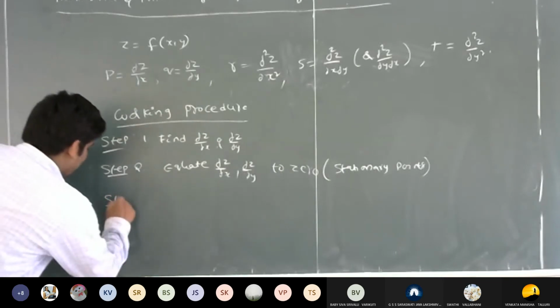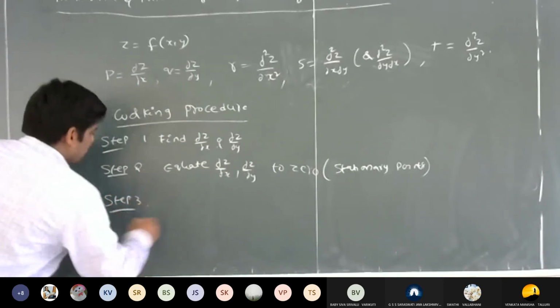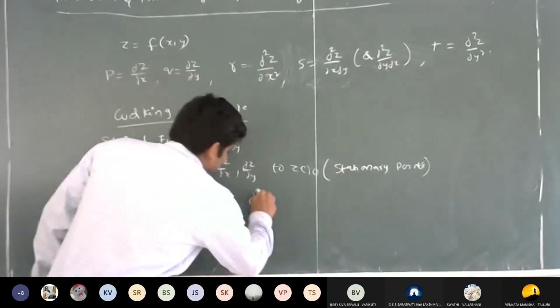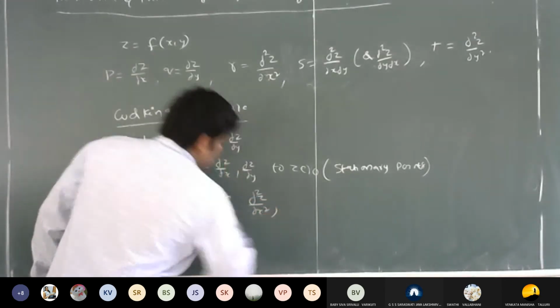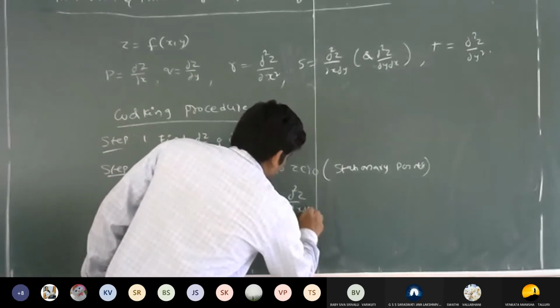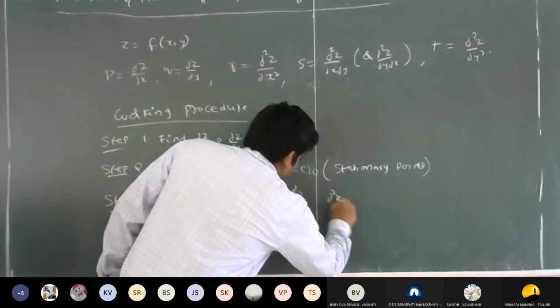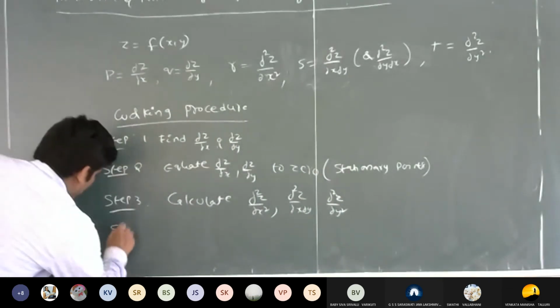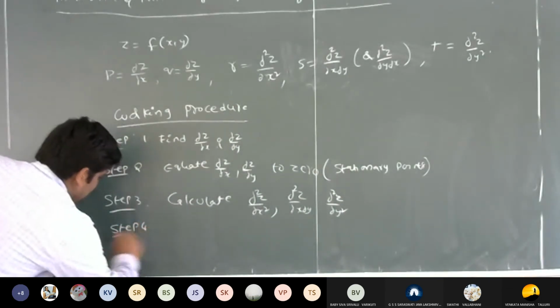Next, what is step 3? Step 3 means calculate the second order derivatives. That is dou square z by dou x square, next dou square z by dou x dou y, and dou square z by dou y square. So this is the third step. What does the fourth step mean?